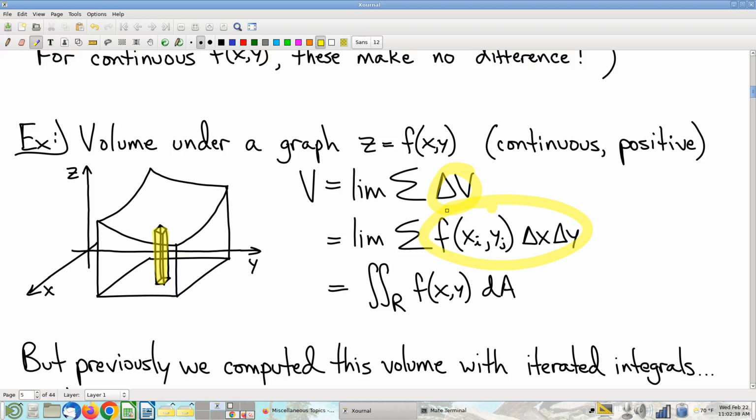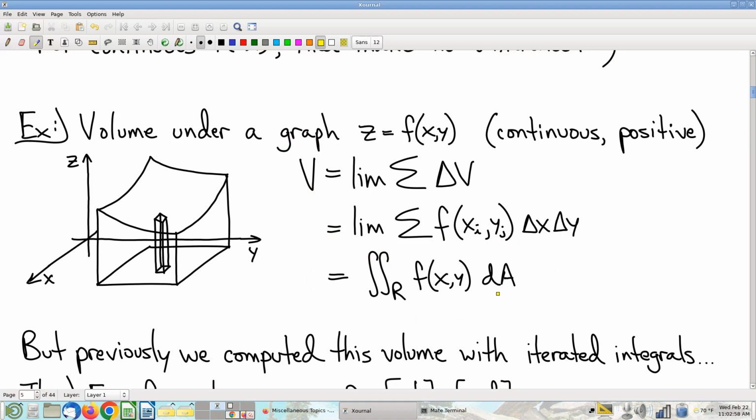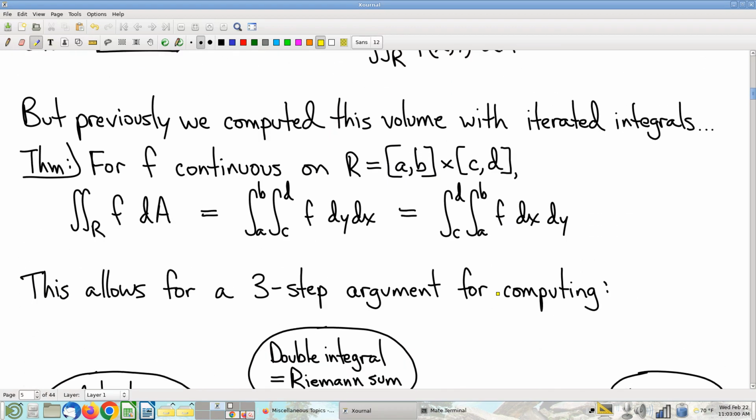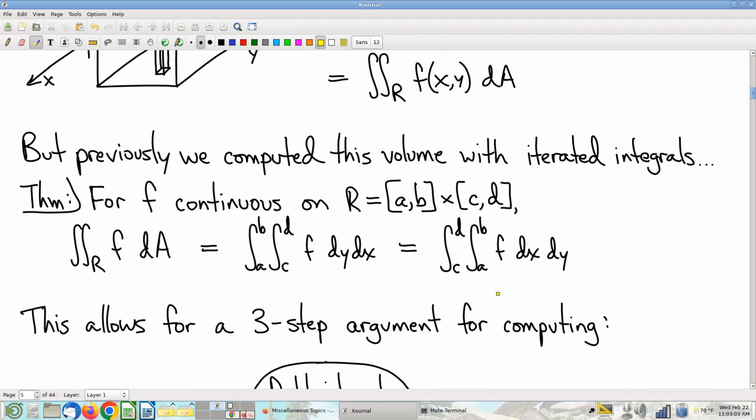Is that cool? And then, of course, notice that having done so, I find myself with an expression which is exactly a double integral. So double integrals compute volume just fine. But let's not lose sight of the fact that I've already computed volume with iterated integrals.